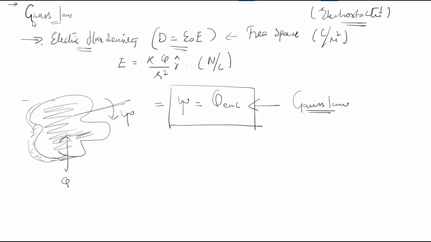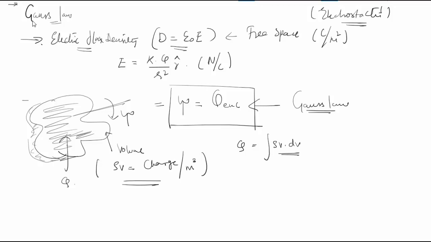So you can say that your q, if you consider this three-dimensional surface and this volume of charge, where the charge per unit volume is rho v, so rho v is charge per meter cube, then q will be equal to the integration of rho v dv, which is the total charge present.